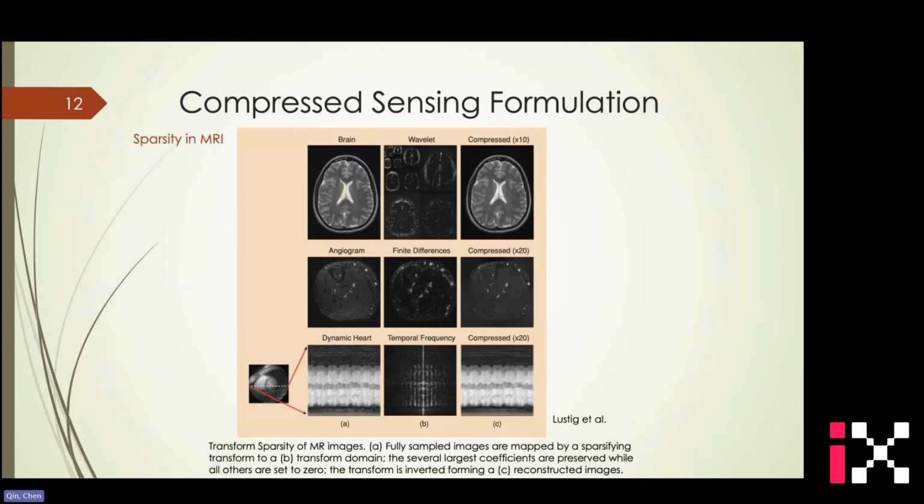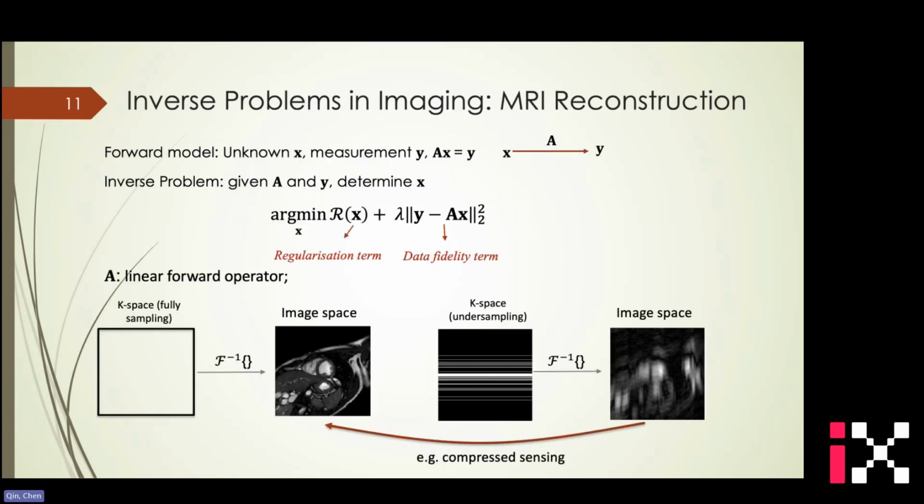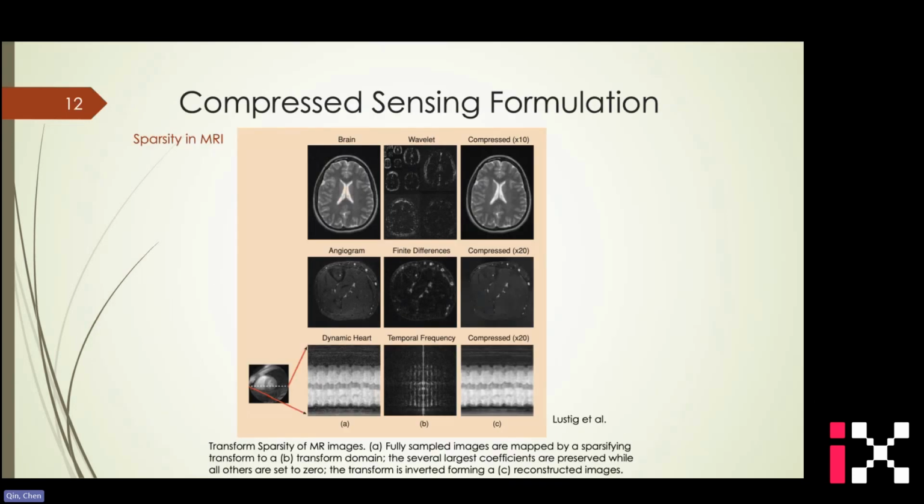In the compressed sensing formulation, recall that we have this regularization term. Typically, in these formulations, we assume sparsity in some transform domain of the signals. For instance, here, the first column A shows the fully sampled images. The second column shows these images mapped to some transform domain by a specified transform, for instance the wavelet transform, finite differences, and temporal frequencies.